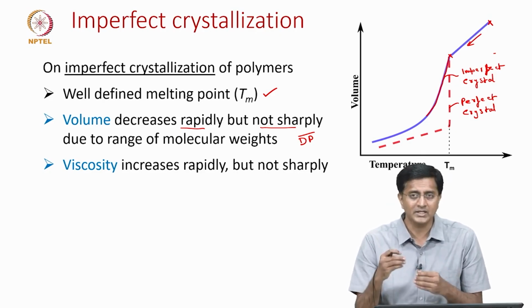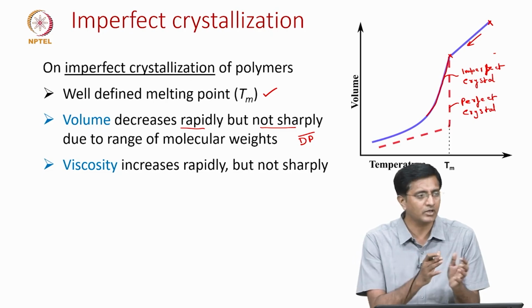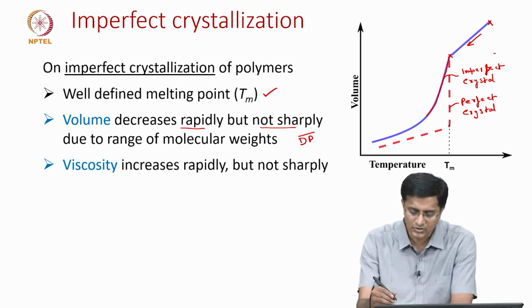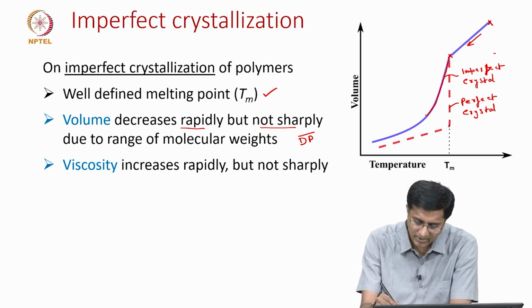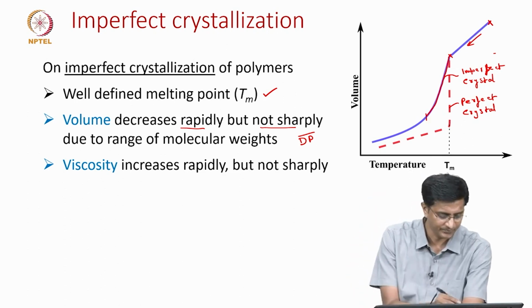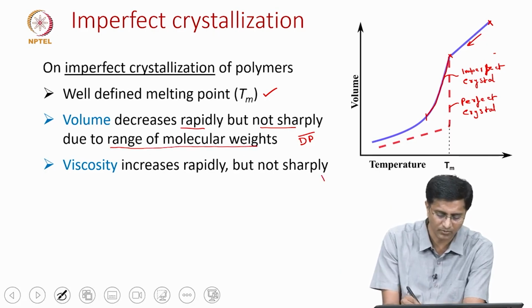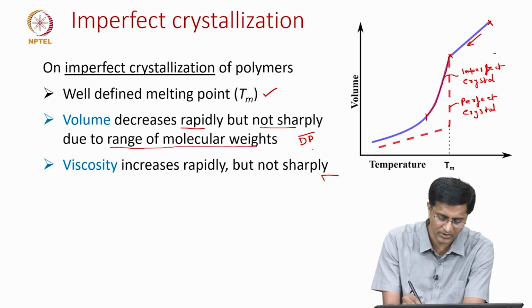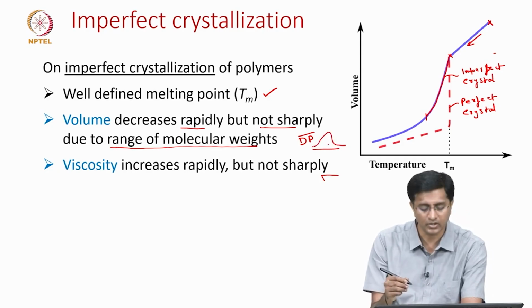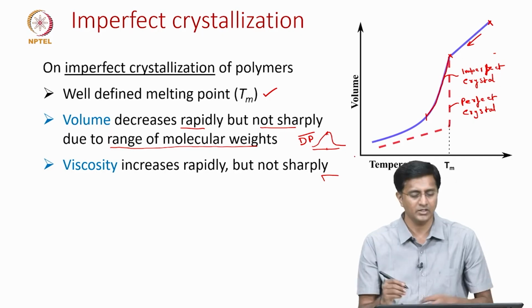Because of this, crystallization happens differently depending on the length of the polymer chains. So, there is a range over which this reduction in volume happens, and this is because of the range of molecular weights, as we have seen previously: the probability of a polymer chain with a particular dP is not fixed, but varies in a distribution.